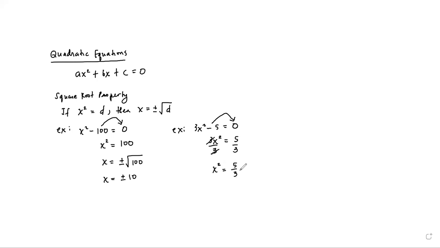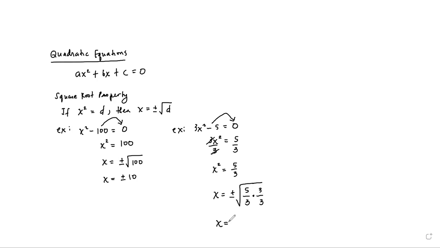And then from this equation, we can apply the square root property. So x is equal to positive negative square root of 5 over 3. However, to rationalize this radical, we shall multiply both the numerator and denominator by 3.